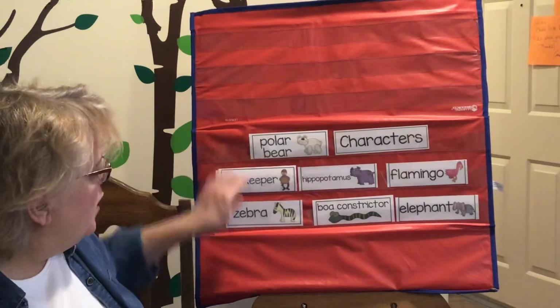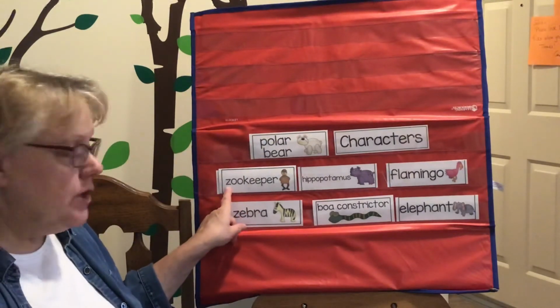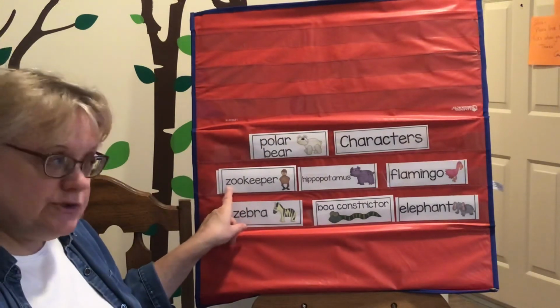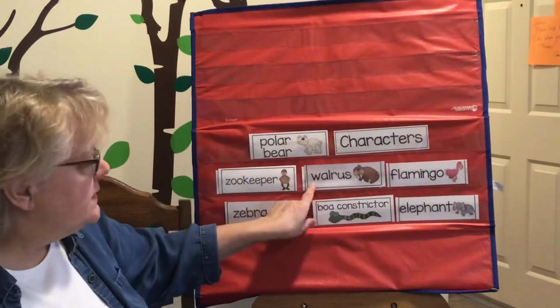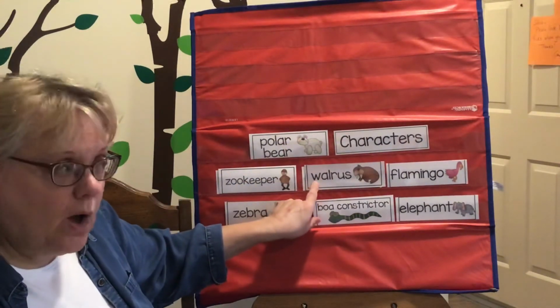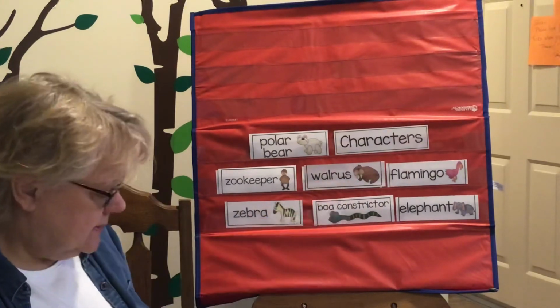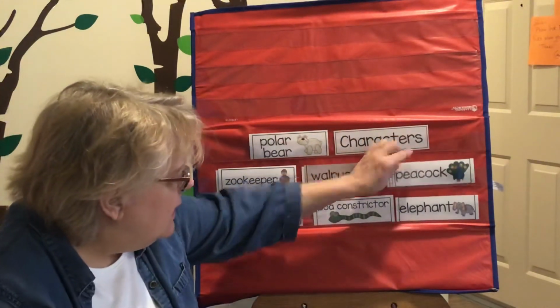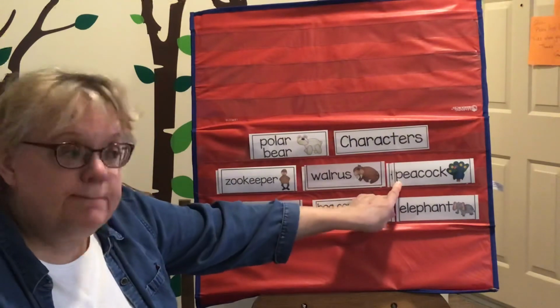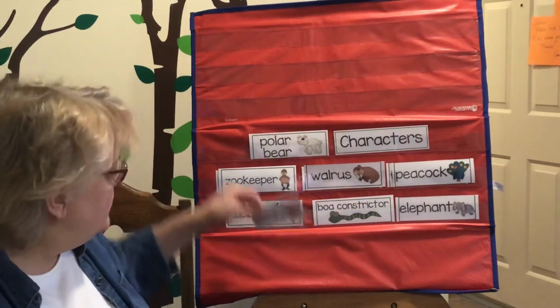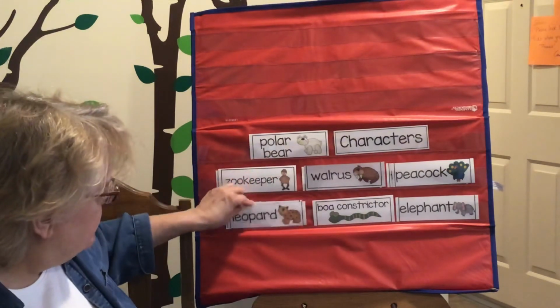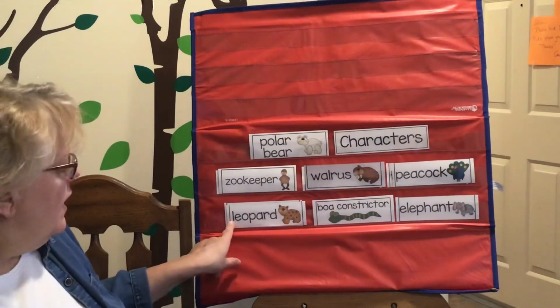There's another Z word, zookeeper, Z, zookeeper. Walrus, W, walrus. Here's another P word, peacock, P, peacock. And another L word, oops, there we go. Leopard, L for leopard.